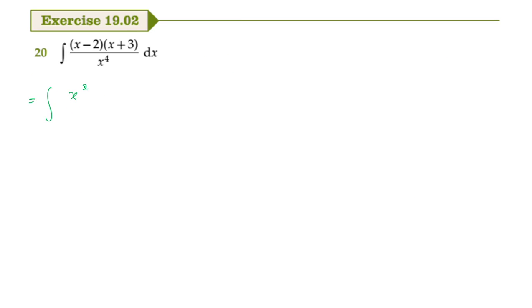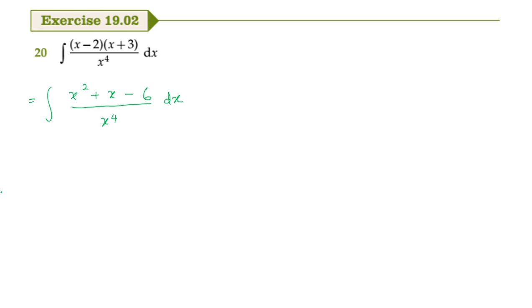Therefore, you have x squared plus x minus 6, divided by x power of 4 dx.